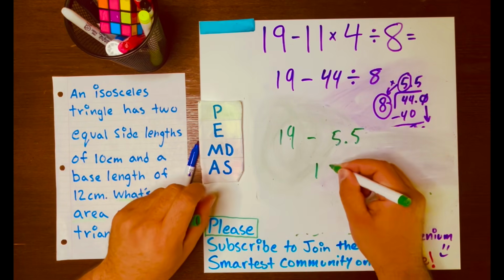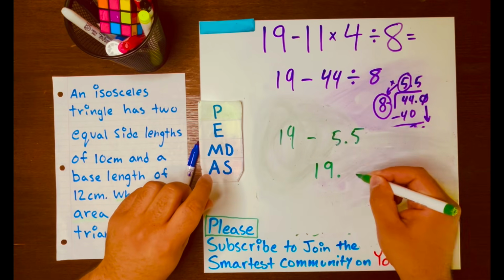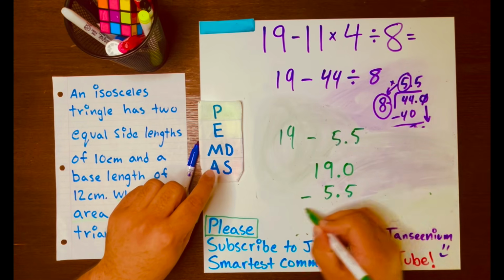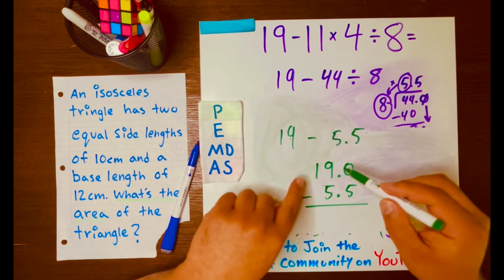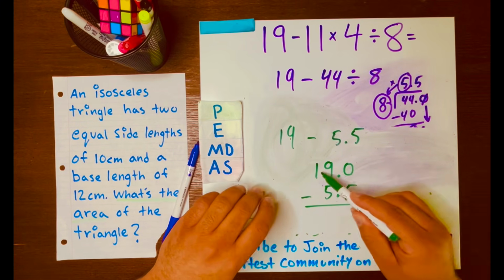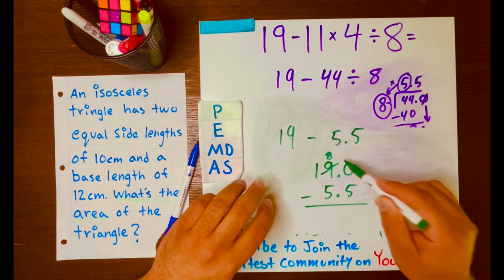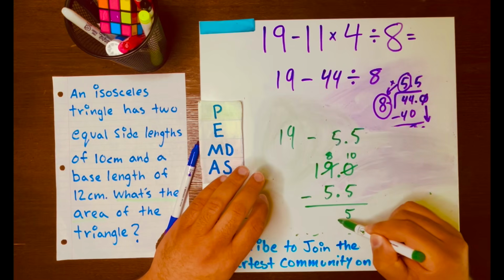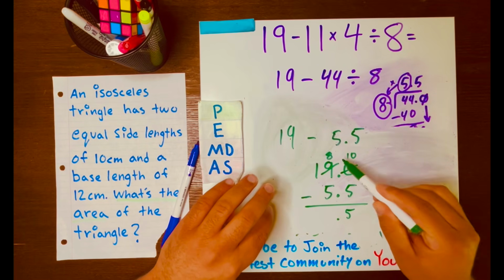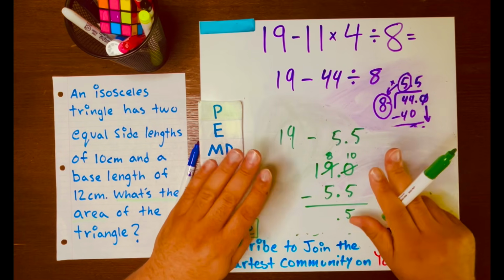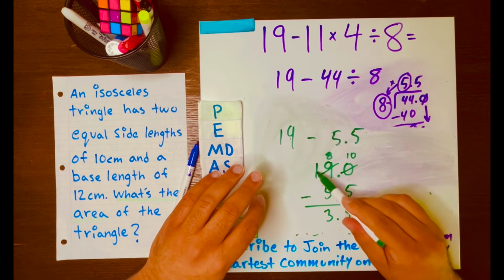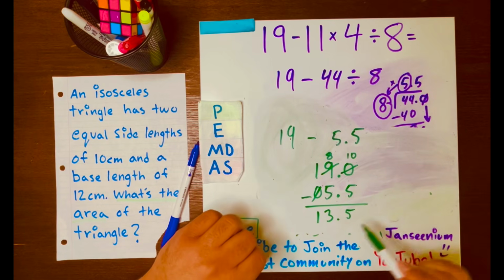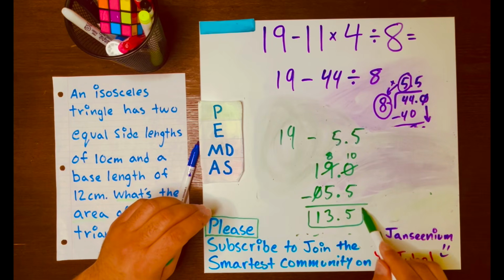So this is what you'll do. 19.0 minus 5.5, and then you just subtract. So 9 becomes 8, and this becomes 10. 10 minus 5 is 5. Decimal, don't forget the decimal. And 8 minus 5 is 3. And 1 minus 0 is 1. So your answer is 13.5.